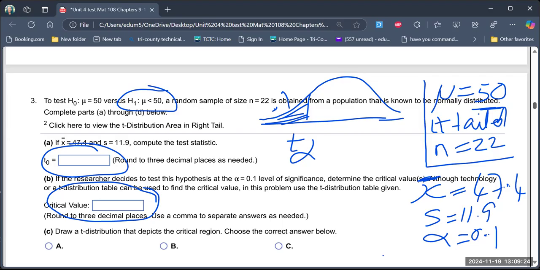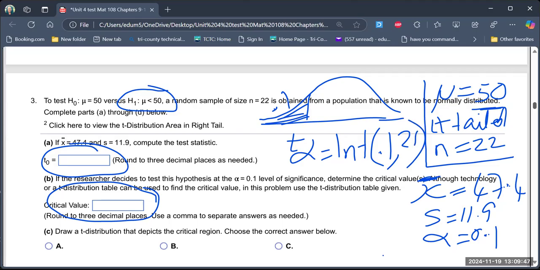And I already know to find t alpha, I do inverse T. You don't forget this. Inverse T, area to the left in decimal is 0.1, and the degree of freedom is the sample size minus 1. The degree of freedom is 21.